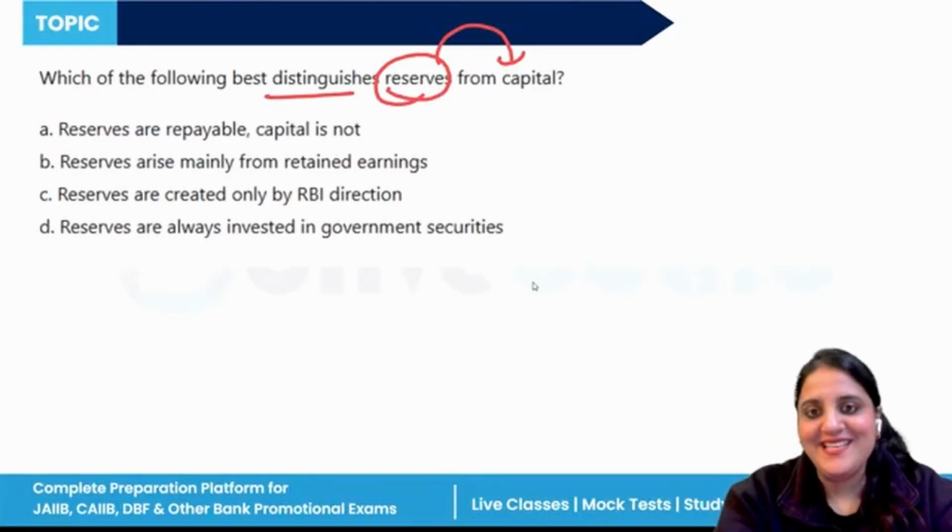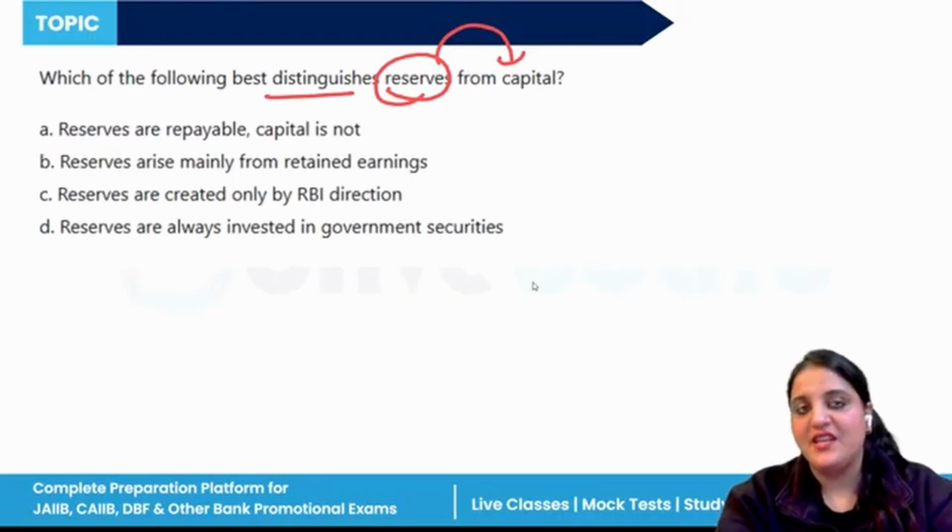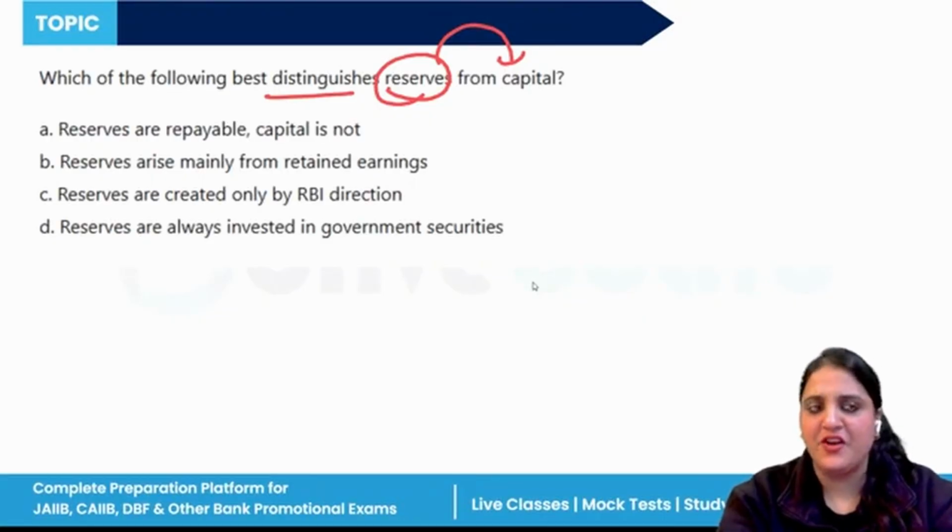If capital is the foundation, reserves are the savings bank of the bank itself. Over time, profits are not fully distributed. Some of them are retained as reserves, like statutory reserves, capital reserves, revenue reserves, share premium, and balance in profit and loss account.